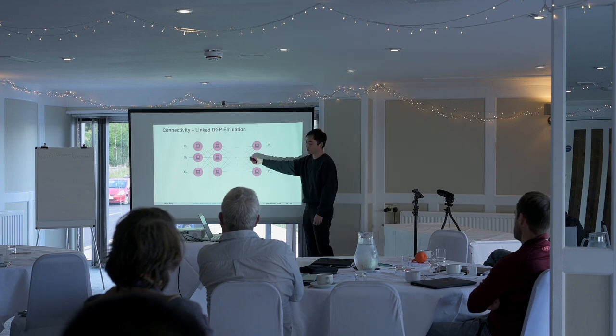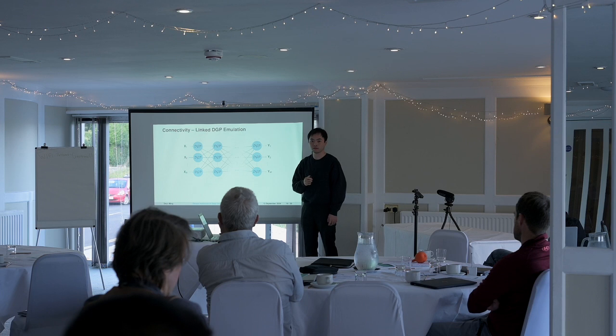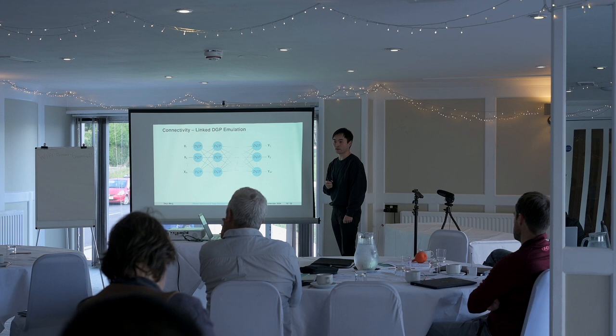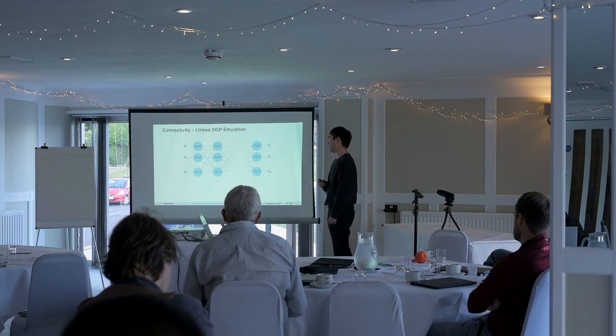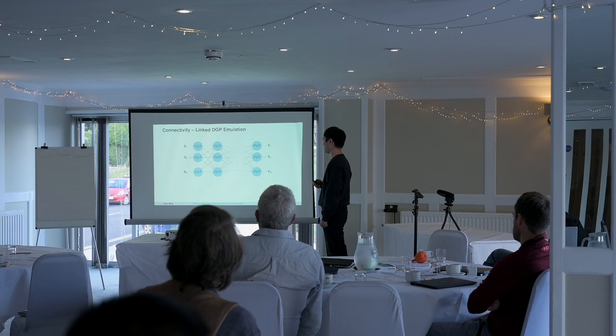If you have a network of sub-processes, you can emulate individual processes independently and then connect them together to form an overall emulator. We call it a deep Gaussian process simulation.